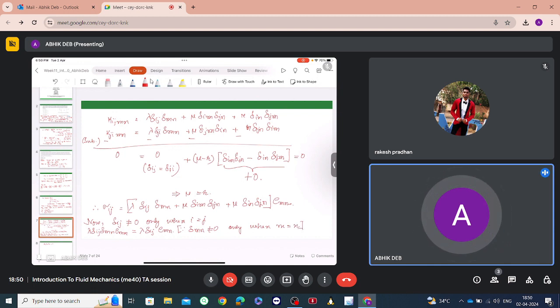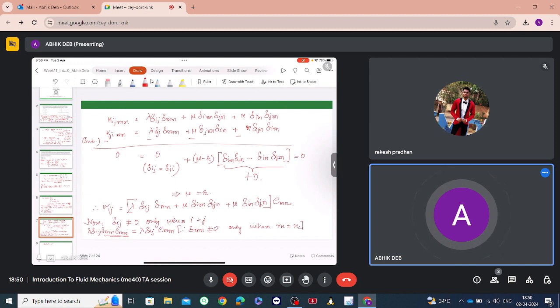So only when m is equal to n, this term will exist. Otherwise, this will turn to 0. So lambda into delta ij we are keeping, and e has to become emm. Otherwise, if it is not emm, then the term will be entirely 0.